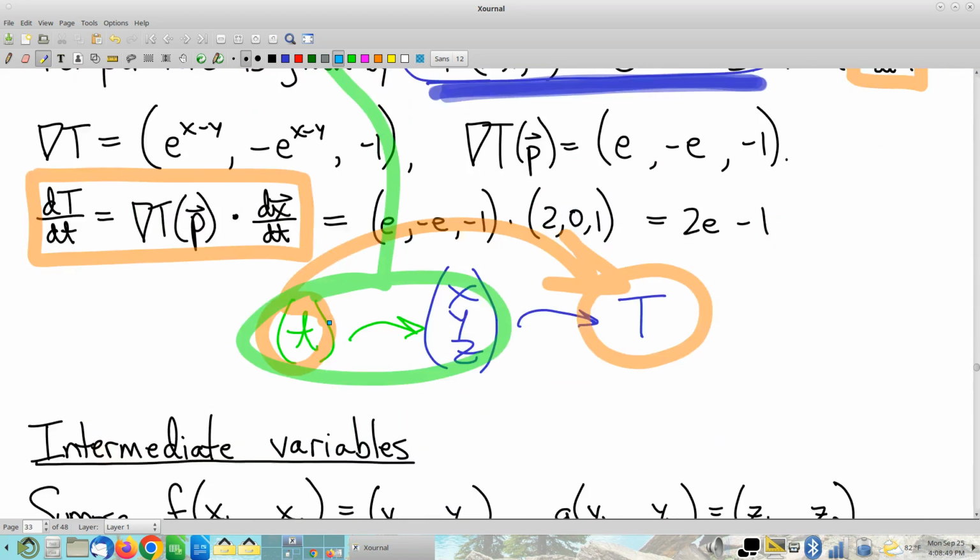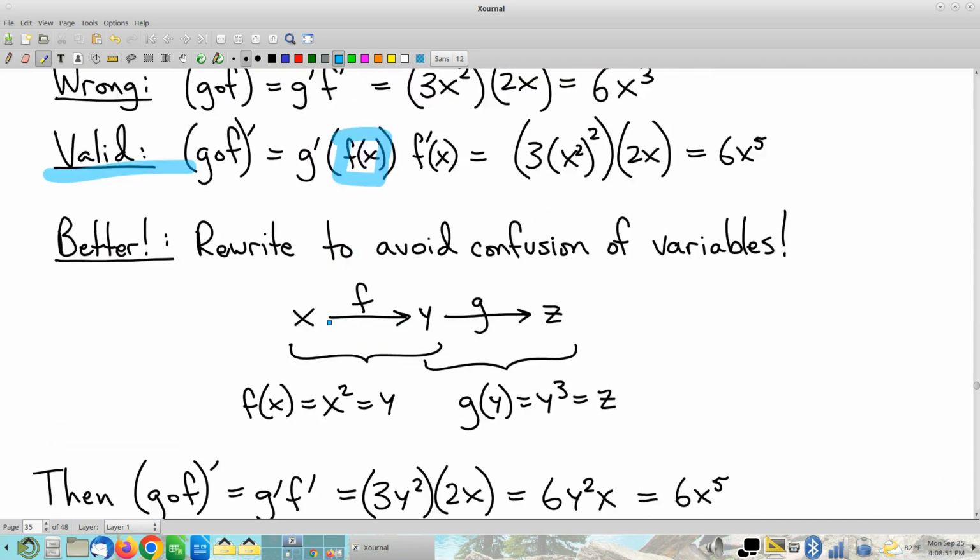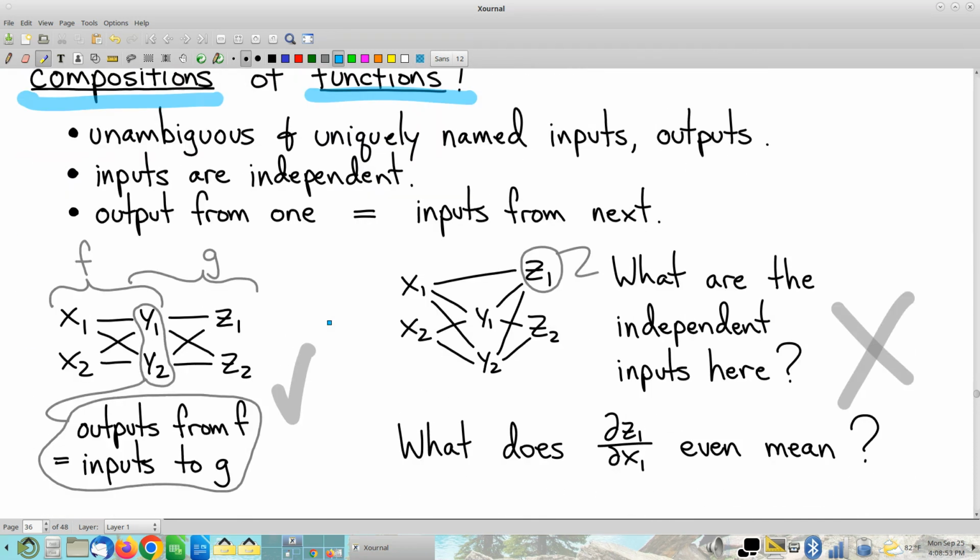So when you find yourself looking at something like this, if you have a bunch of equations and you toss together a diagram that looks like this, that's fine, because that literally is a composition of functions. Here's the first function, and here's the second function, and everything makes sense. All the variables have distinct names, and the outputs from the first function are the inputs to the second function.